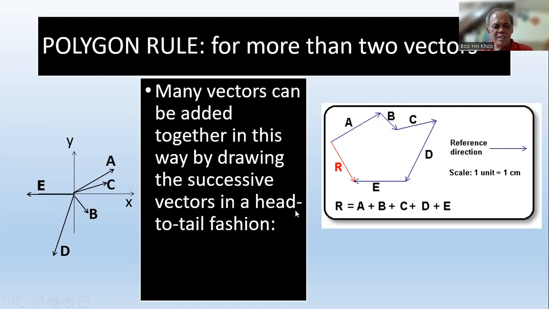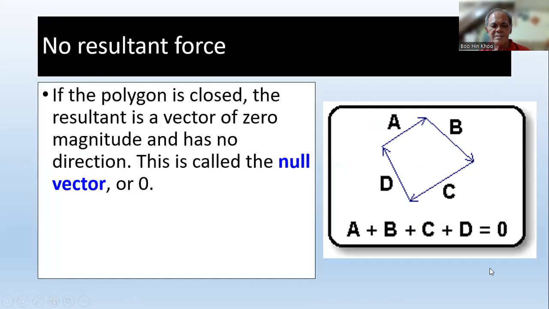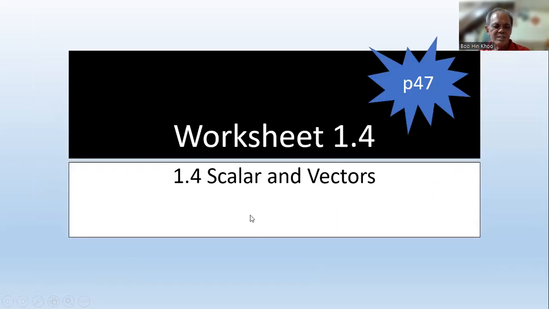So we use the polygon rule if there are many vectors. R is the resultant. If it forms a closed triangle, then when we add it up, we get 0. 0 is called a null vector. Just 0, no direction, no magnitude.